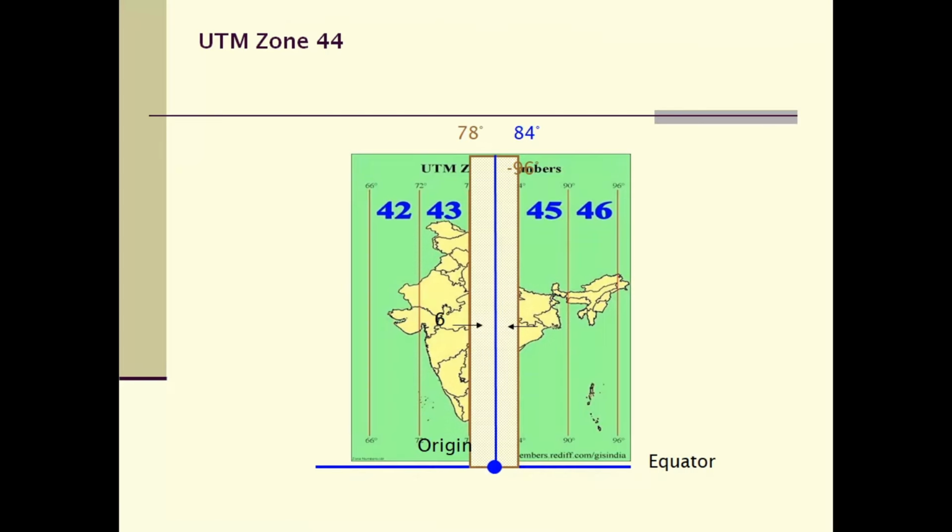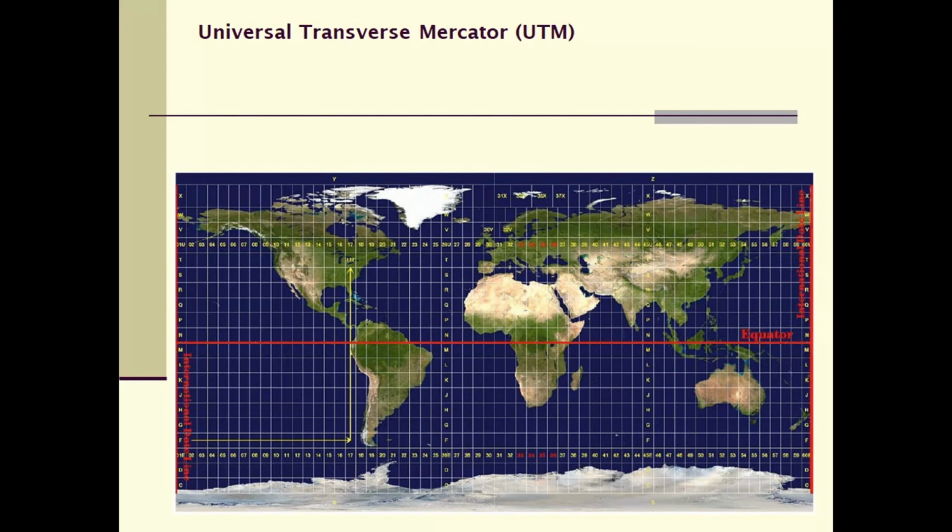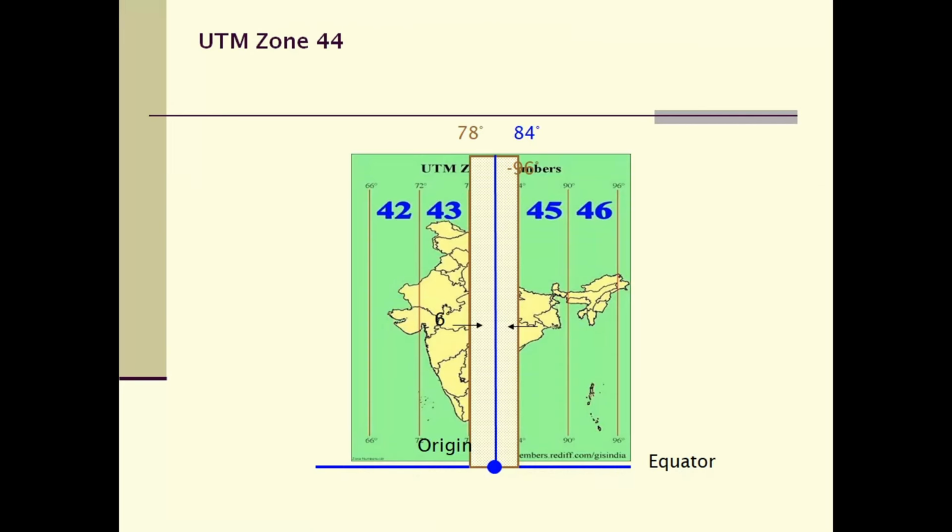So if you try to convert your data from degrees to meters or feet, you have to use the particular strip which covers your study area. For India, the UTM zones start from 42, 43, 44, 45, 46.